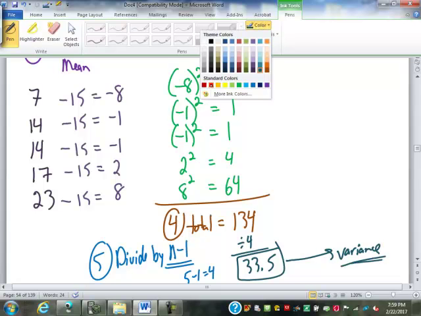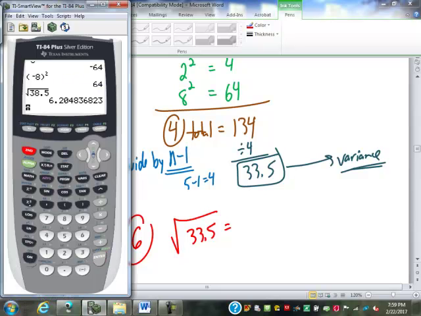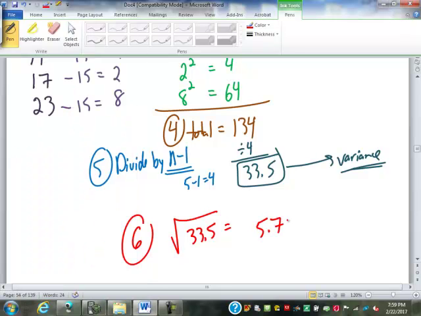And what do we still have to do to get the standard deviation? Square root that. Yep, step 6 is the square root of 33.5, which gives us 5.79. That's our standard deviation.